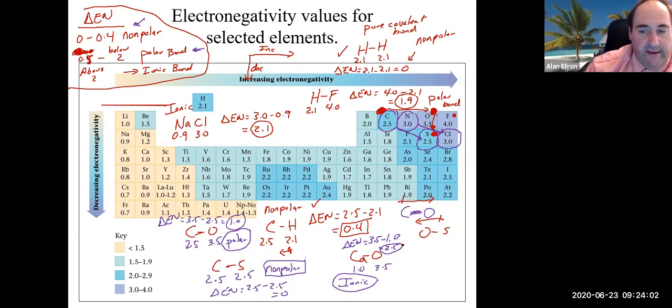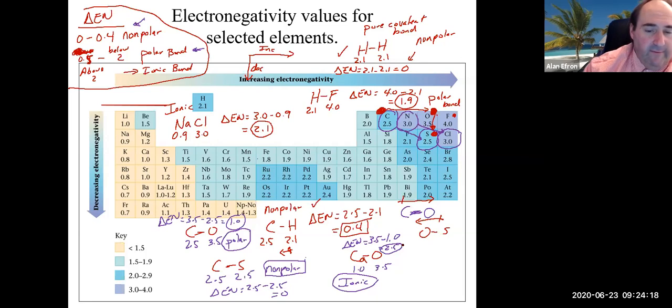We are not talking about the entire molecule as a whole in most cases. We'll talk about some cases where we are, but in most cases, we're not talking about whether the molecule as a whole is polar or nonpolar.